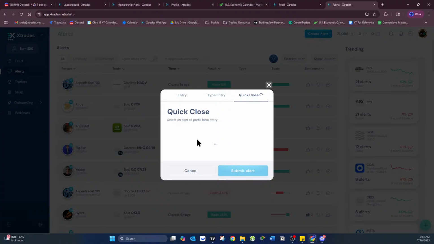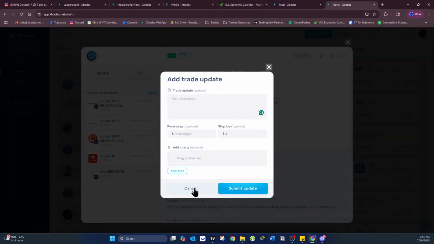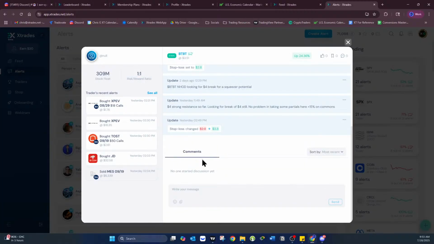I'm gonna raise my stop on BTBT at $4. Let's close partials. 435 partial. Next move 450 plus.